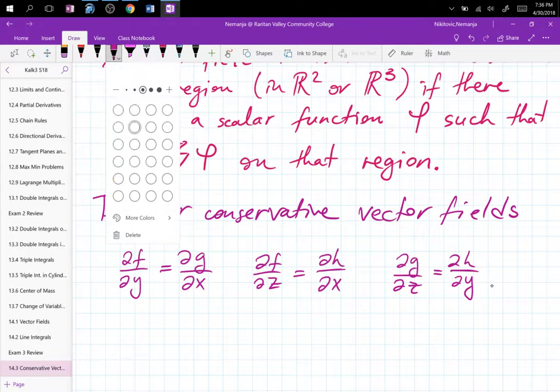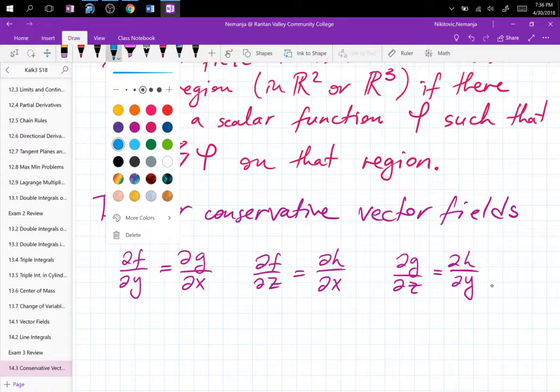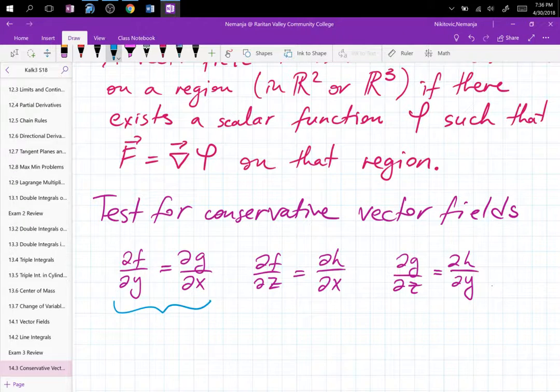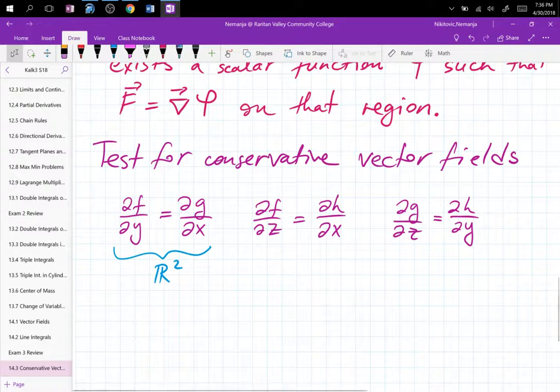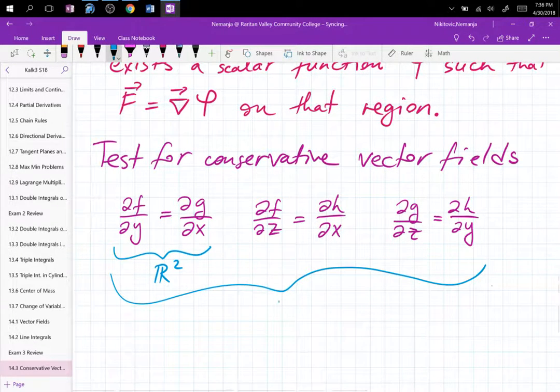If you are using this one, that's only for 2D, so R2. If you are using all three, you are in 3D. So you have to remember all three. And you see that it's a combination first with a second, first with a third, and second with a third.